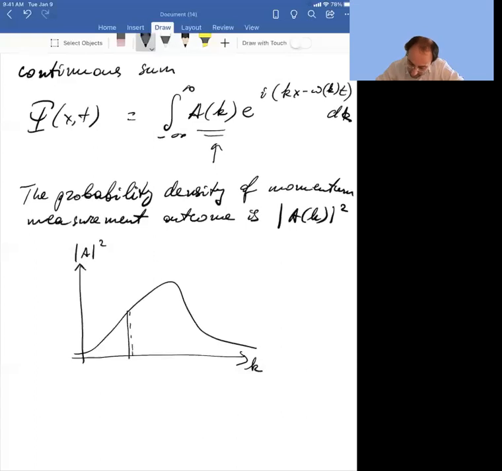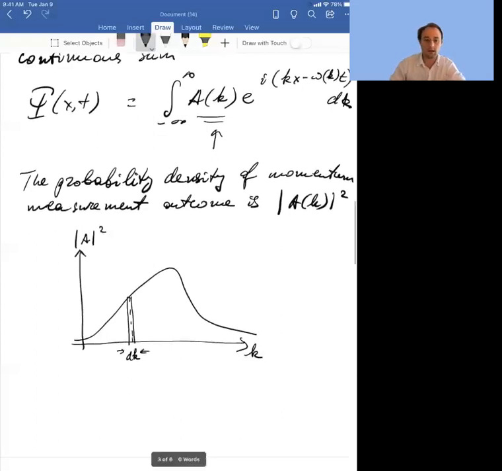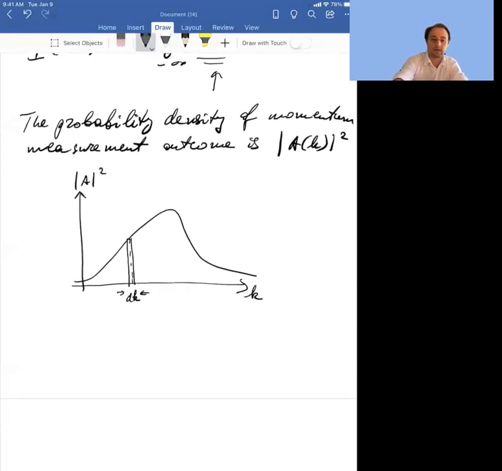What that means is that the probability that a momentum value will lie in a bin of thickness dk, or that the wave number that you would get would lie in a bin of thickness dk around k, is given by this probability density times dk.